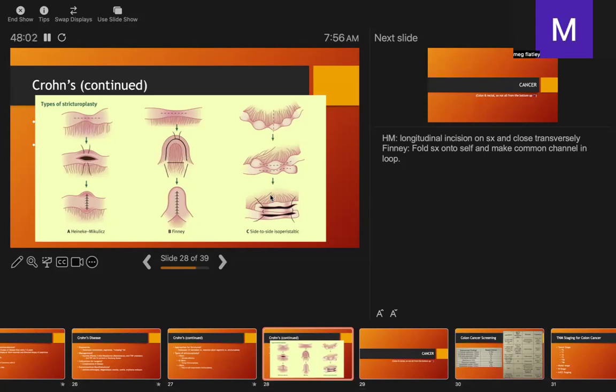It's got to be a small stricture, less than 10 centimeters. And then you bring it back together transversely. Versus a Finney, this picture was kind of confusing to me. You make this incision long across the stricture and then you squish it down like this, okay? And then a side-to-side isoperistaltic is very similar to what we do. You're making your common channel across the stricture.